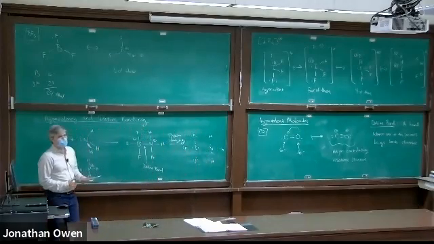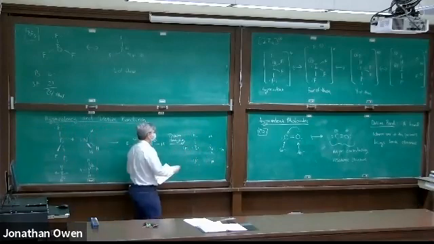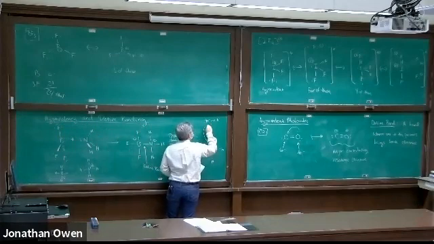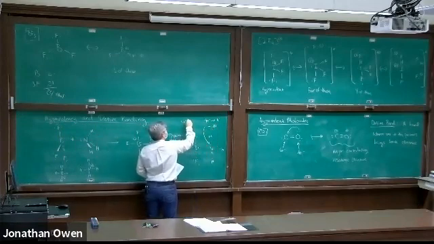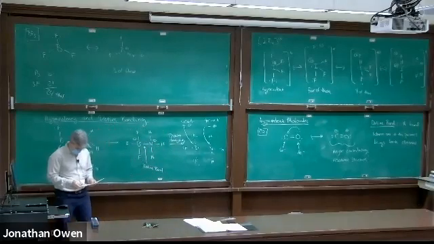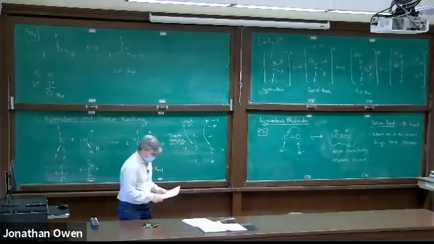Four electrons around nitrogen is 1 fewer than 5. That thing's got a positive charge. All right.